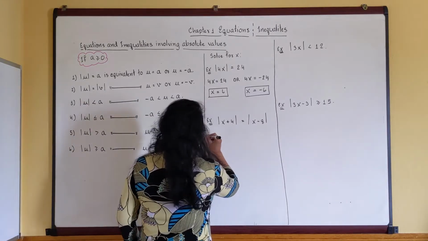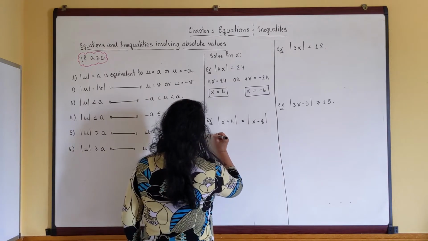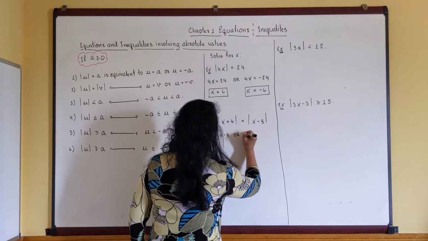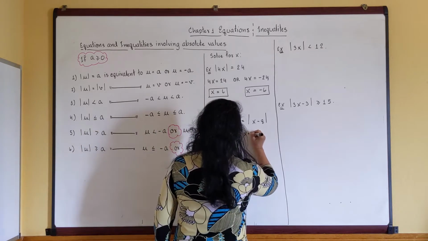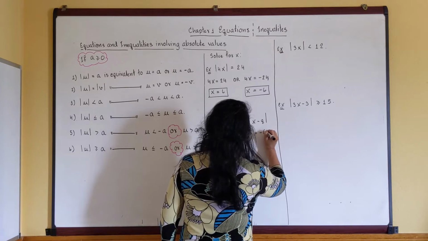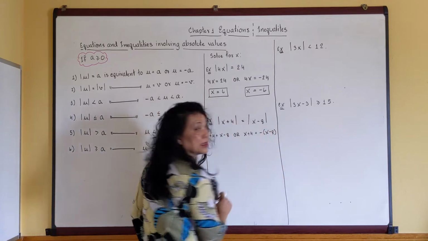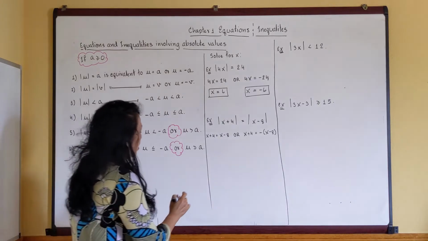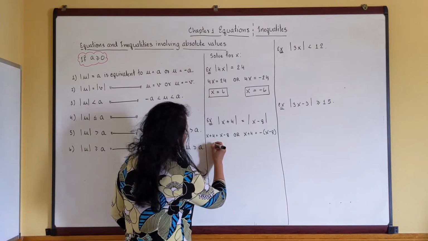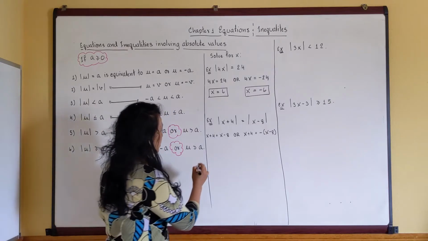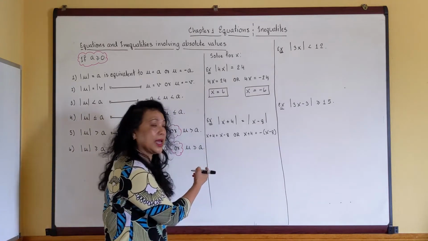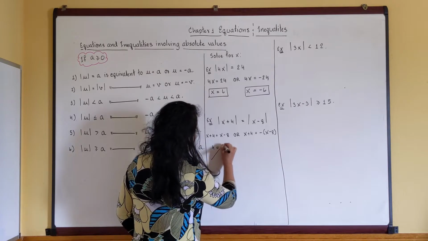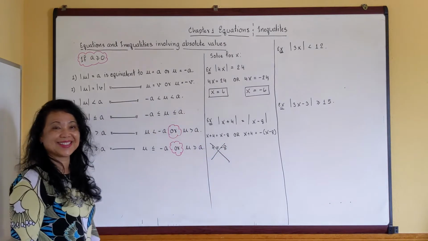So I'm going to have x plus 4 equal to x minus 8 or x plus 4 equal to negative x minus 8. Now I'm going to solve. This one, if you subtract x, you end up with 4 equal to negative 8. That's not true.